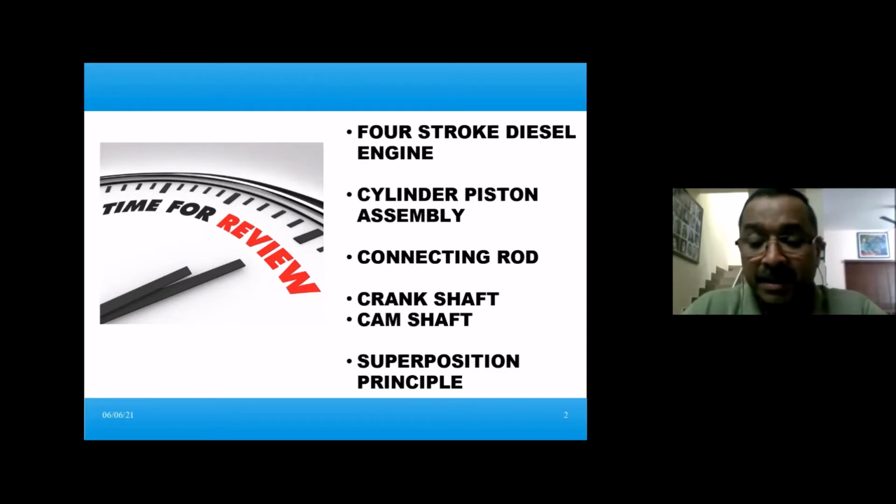Then Uncle discussed the superposition principle, which you should always keep in mind, which means that however complex a problem might be, you can break it down into simpler portions and solve each portion, and then assembling them together, you would get the answer for the complex problem.